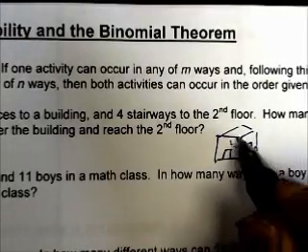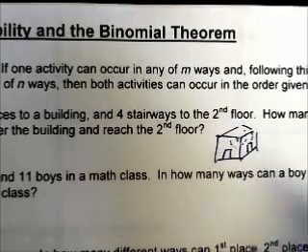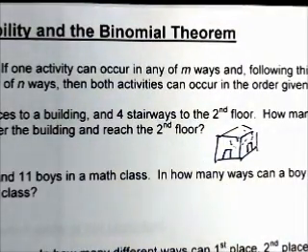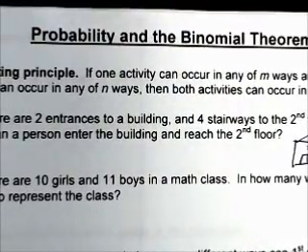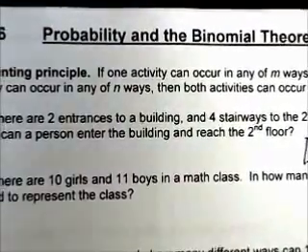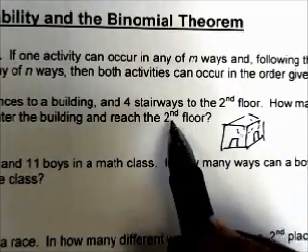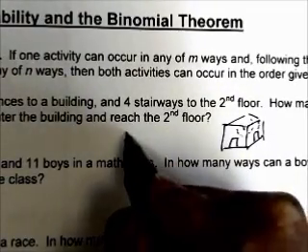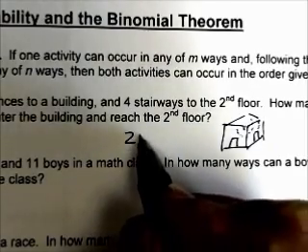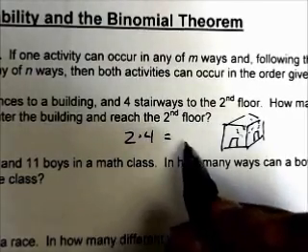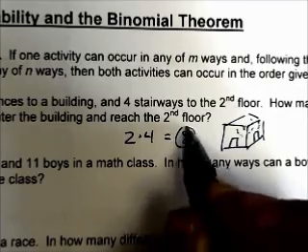So 1, 2, 3, 4. How many different ways can a person enter the building and reach the second floor? Well, again, there were 2 ways to enter and then 4 ways to reach the second floor. So we multiply 2 times 4, which results in 8.